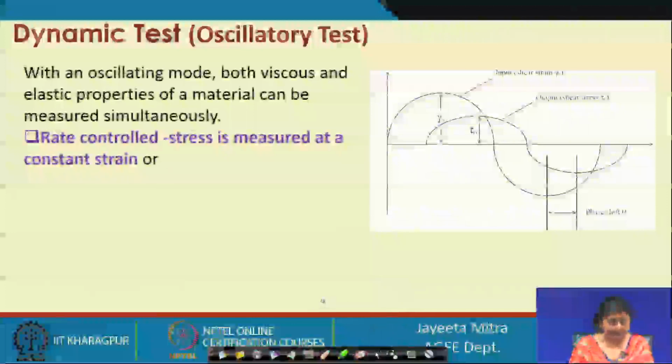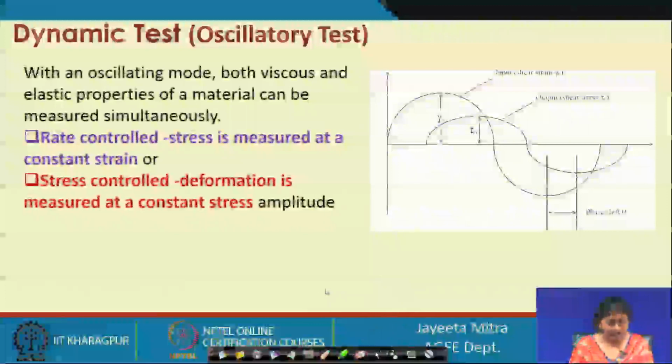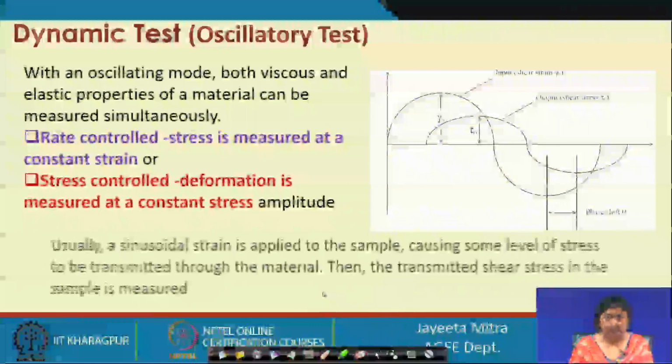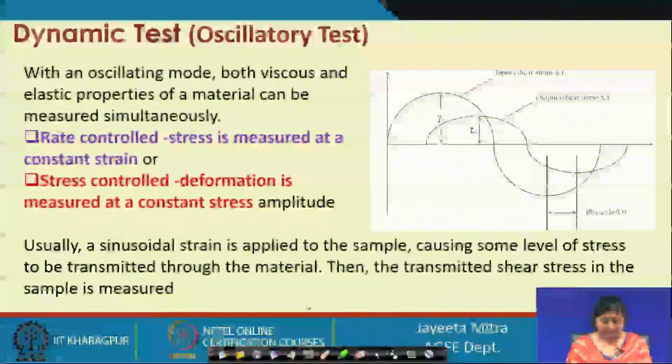So, it can be rate controlled, where stress is measured at a constant strain, or stress controlled, where deformation is measured at a constant stress amplitude. So, normally we apply a sinusoidal strain to the sample, causing some level of stress to be transmitted through the material, and then the transmitted shear stress in the sample is measured.